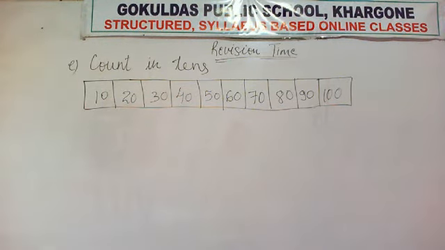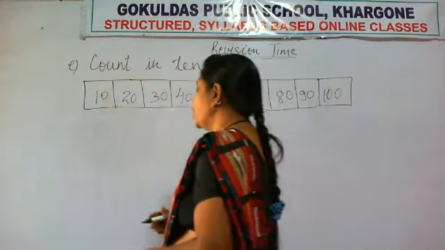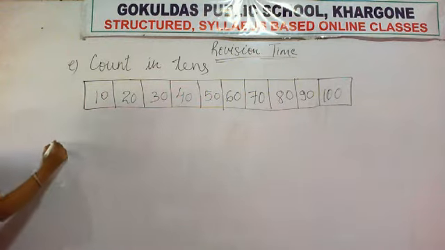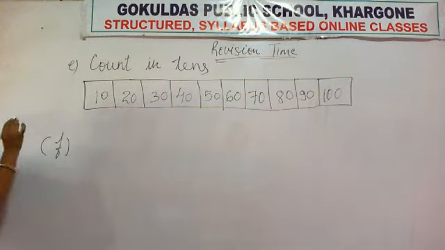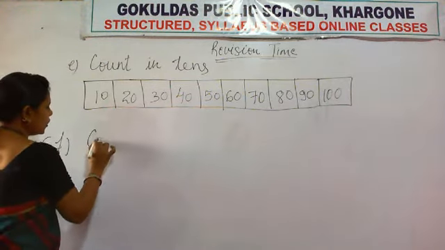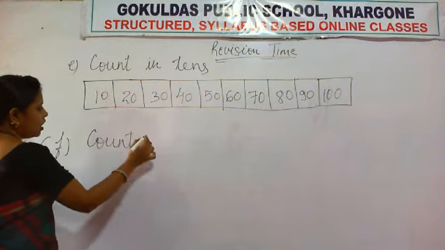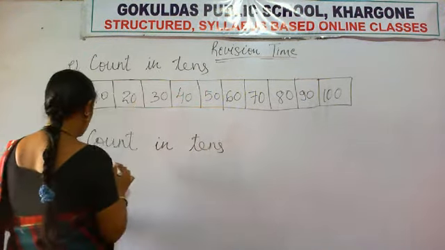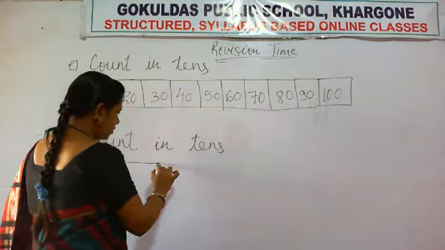Now one more question I will give you. Try to solve this question based on counting in tens. First you write the answer of question E. Then try to solve question F, count in tens. I am writing only.